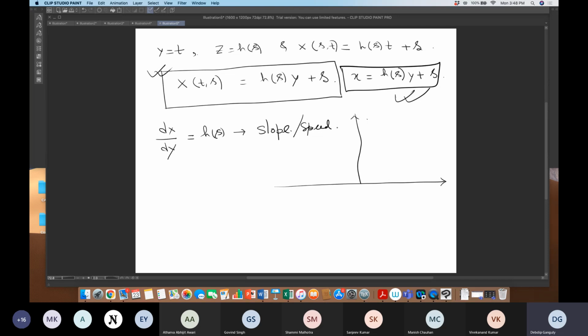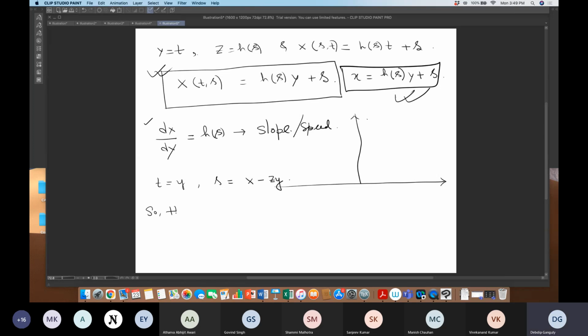Now we can invert the variables. This is just for your information. If I invert the variable, t equal to y and s equal to x minus z y.